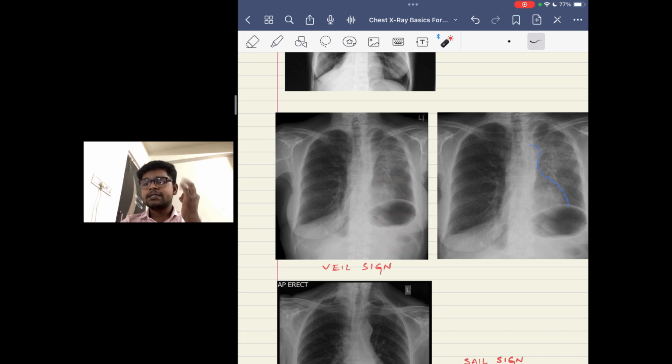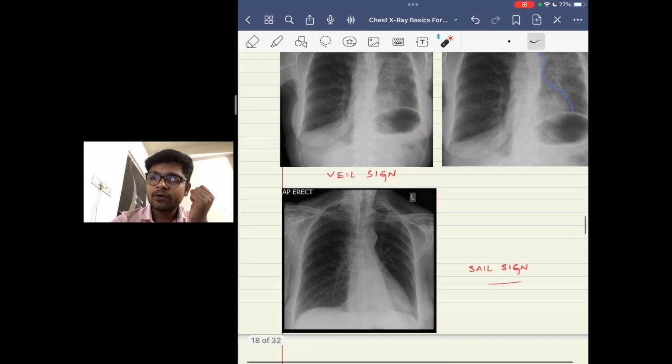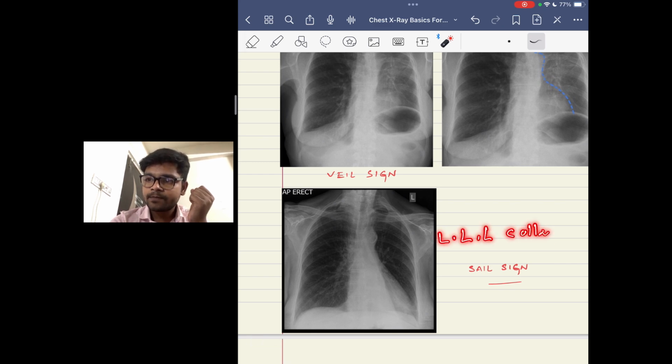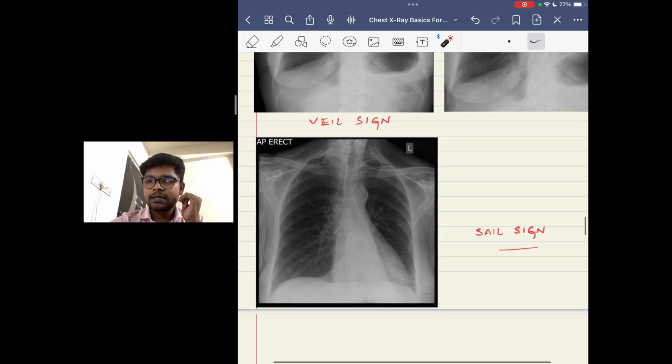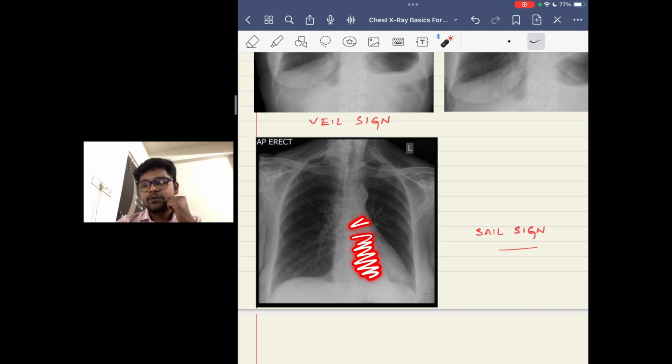Rhyming with the veil sign is the sail sign for the left lower lobe collapse. So how do I know that this is the left lower lobe? See, the trachea is in the midline, sort of midline, but there is a triangular opacity which is retrocardiac. This is the left heart border. There is an opacity retrocardiac.